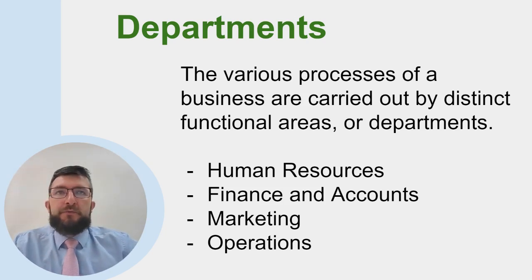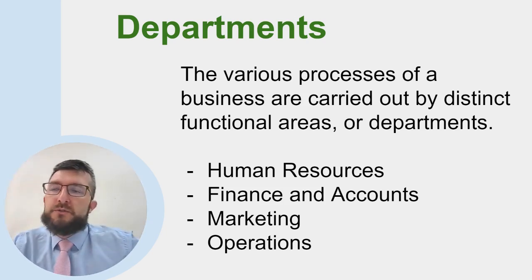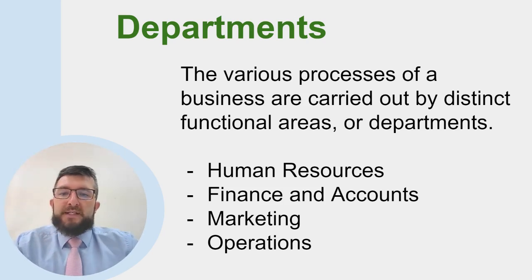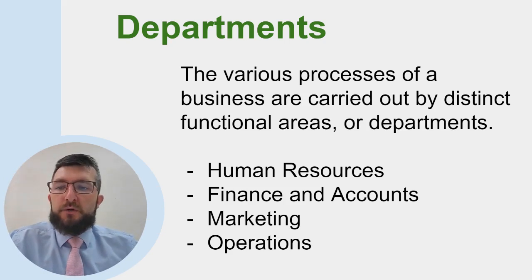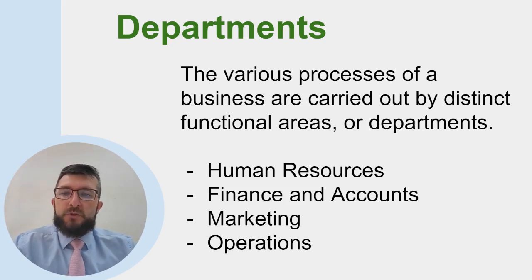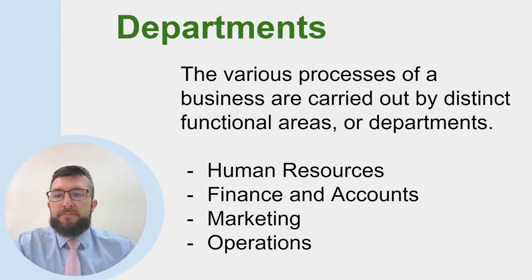Now, with the exception of Unit 1, which is called Introduction to Business Management, you can see these terms are familiar because each of the units of the business management course relate directly to one of these functional areas. We have human resources, finance and accounts, marketing, and operations.